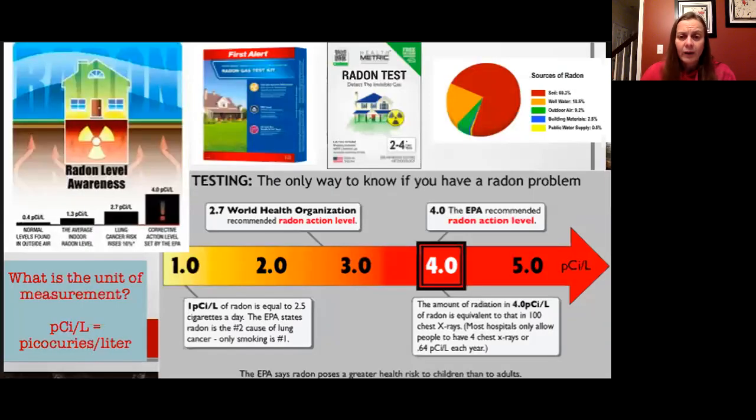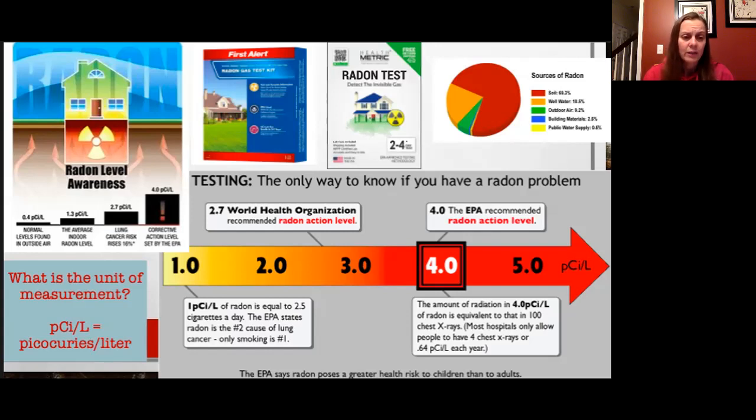The only way you will ever know if you have a radon problem is testing. Most of the time in the US, testing for radon is required as part of selling a home. A lot of homes in the western part of our state actually have radon detection systems that are running continuously.